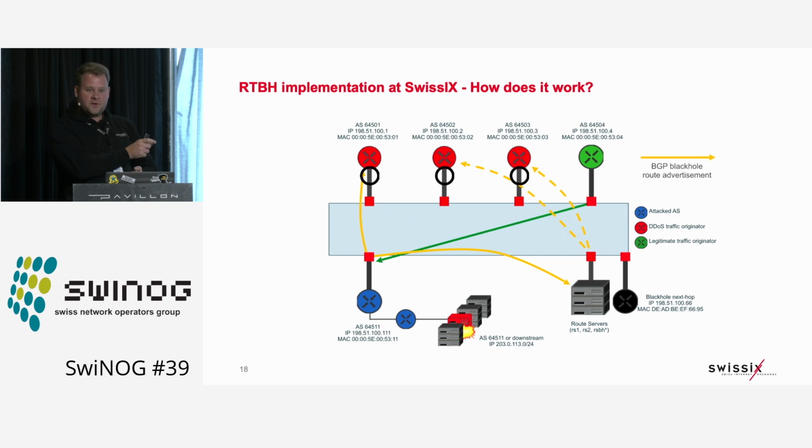Whenever there are frames to be forwarded to that destination MAC address, the frame is dropped. So this means that it is not even entering the fabric, but already being dropped on the ingress side of that member port. So this is how the remote triggered blackholing works.